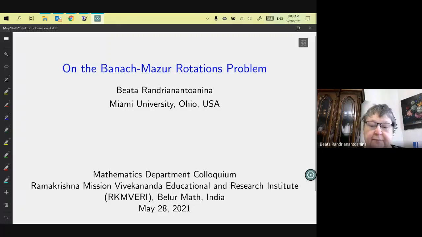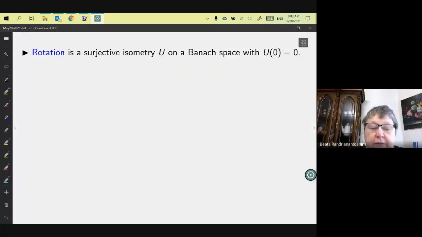So I want to speak about a very old problem, the Banach-Mazur rotation problem. Let me start from this definition of rotation. This is a traditional name, not so much used anymore, but used in this problem.